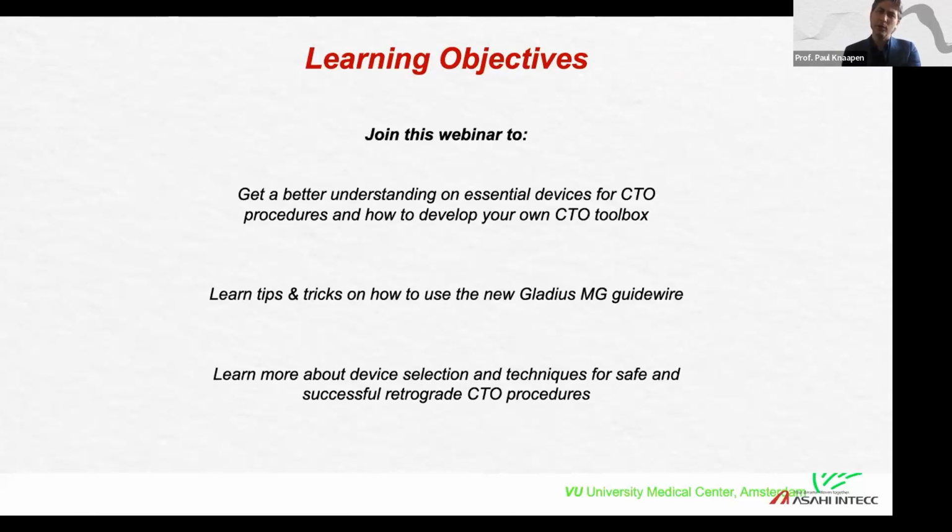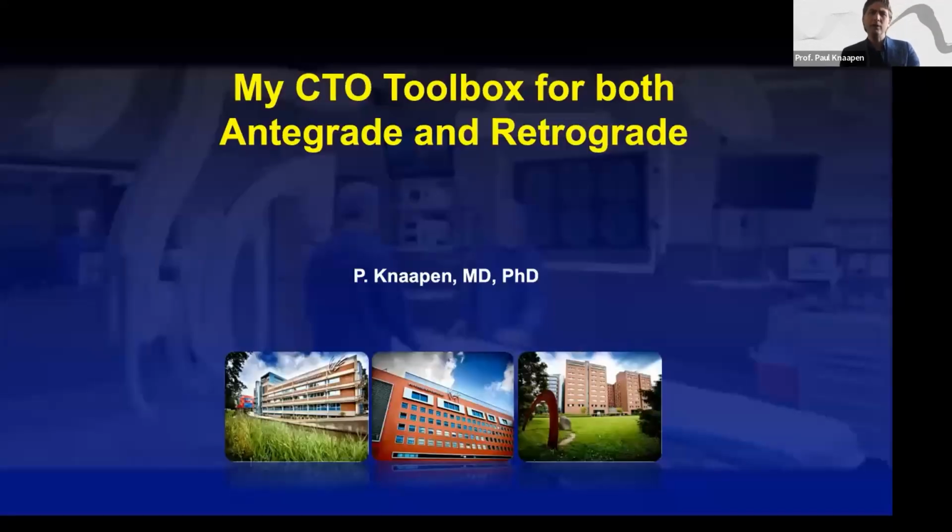So please be aware that whatever your level of complexity is, your toolbox needs to be adjusted, and you need to learn about the devices and whatever is appropriate to your program. And I hope we'll be able to share some of our knowledge with you in the next coming hour. So my talk will be about my CTO toolbox for both antegrade and retrograde approaches in CTO practice.